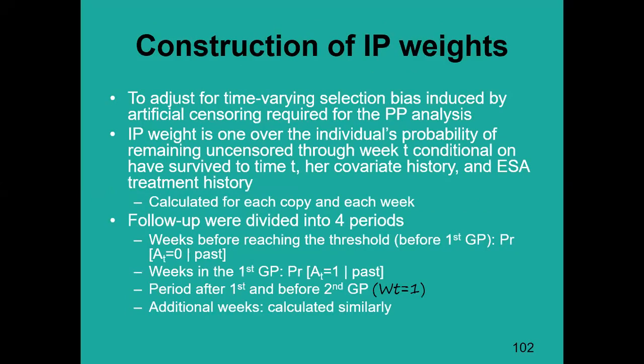So I think that's the key part. The key part of using the IPW approach to compare dynamic treatment regimens is a clear definition of how you artificially censor patients. Construction of IP weights, same idea: artificial censoring introduces selection bias, and we use weighting to adjust for this bias.